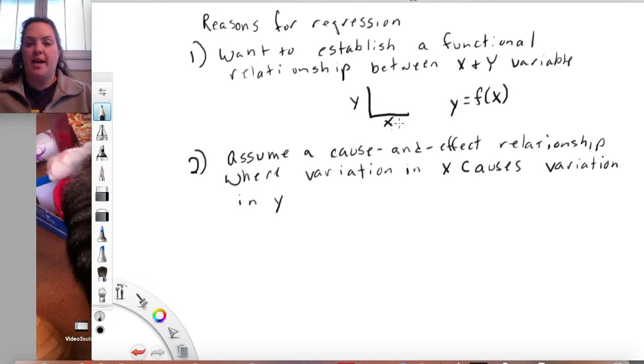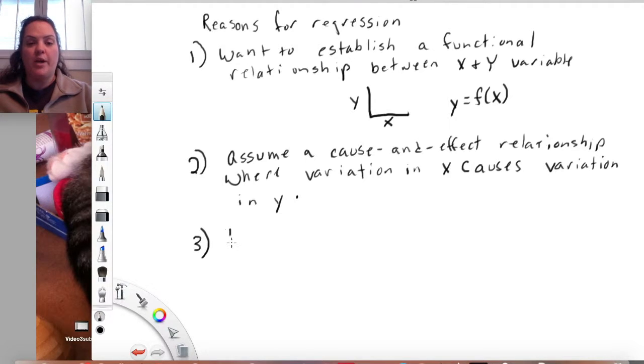So changes in x cause changes in y. All right, and the third reason we do a regression, these are not independent of one another. We could have all these reasons for doing our regression. We don't have to pick or choose one. These are just 3 reasons we like regressions.